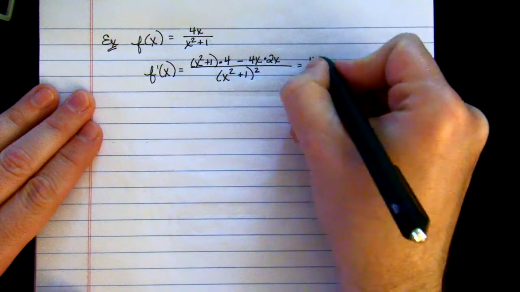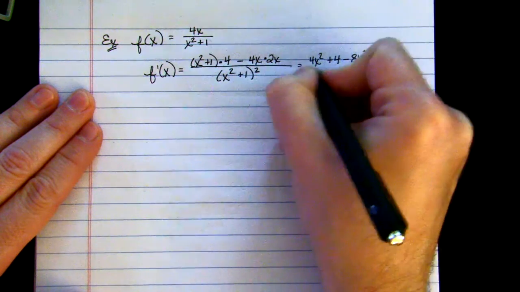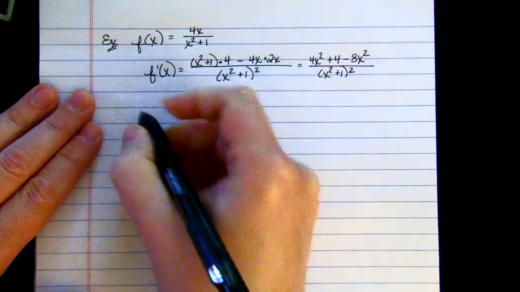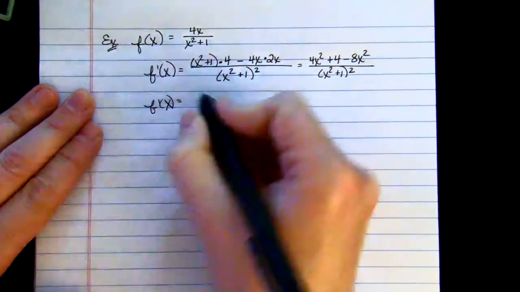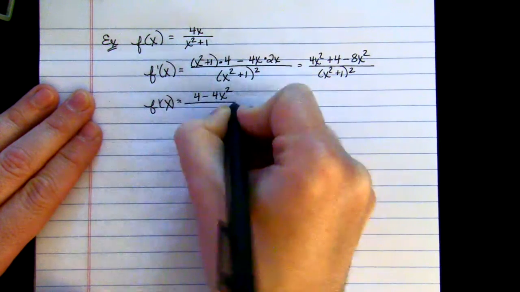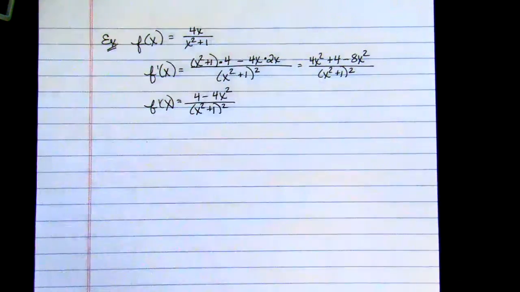That gives me 4x squared plus 4 minus 8x squared over x squared plus 1 squared. f prime of x is going to equal, looks like, 4 minus 4x squared over x squared plus 1 squared. That's our derivative.